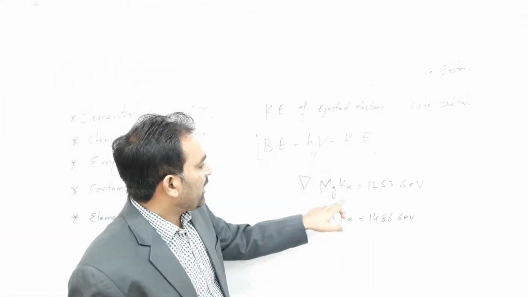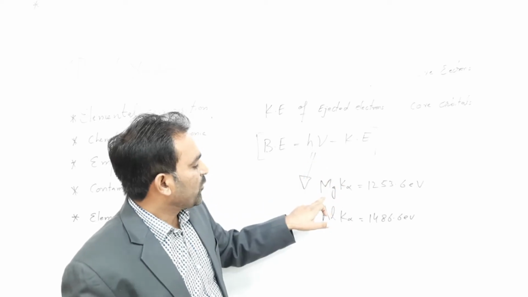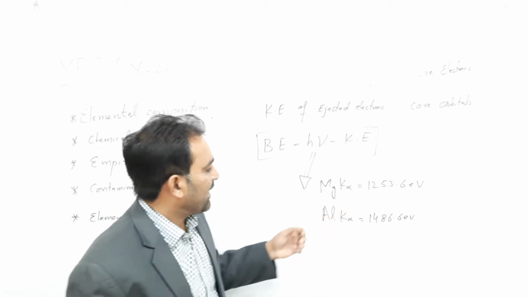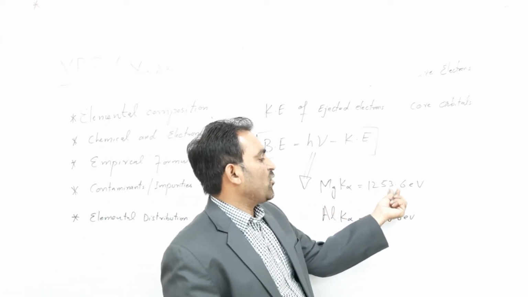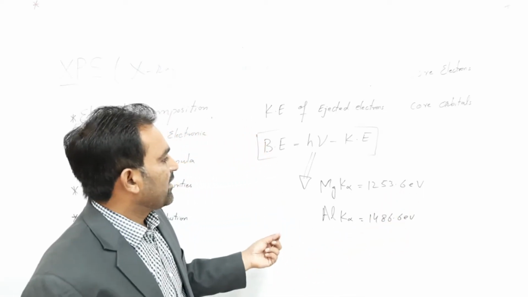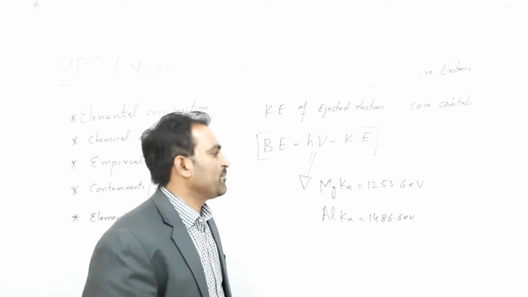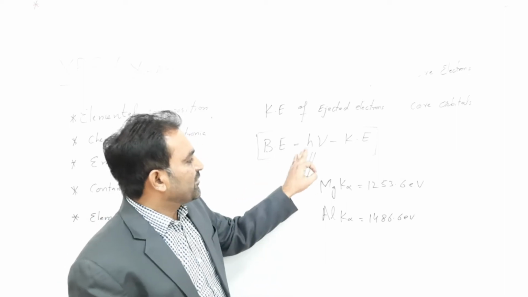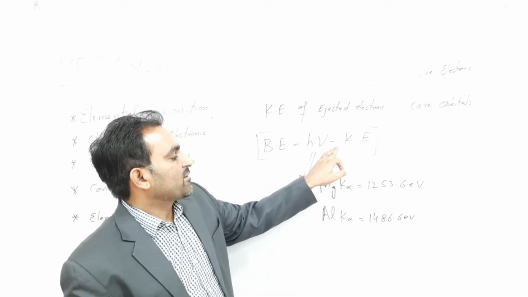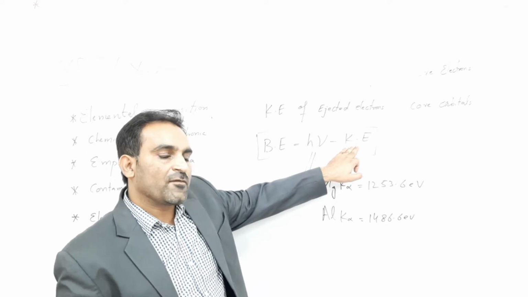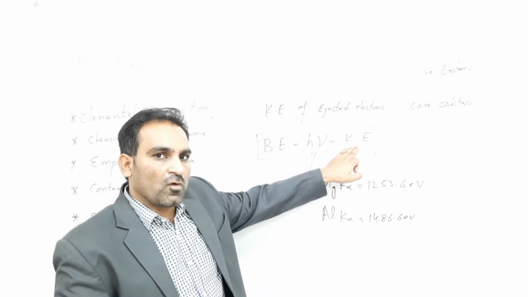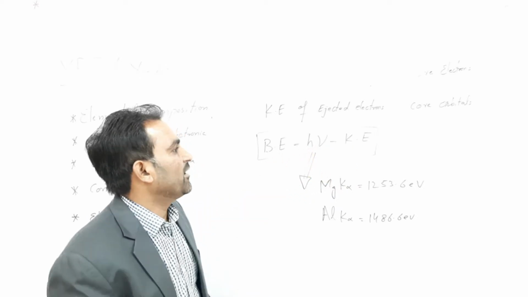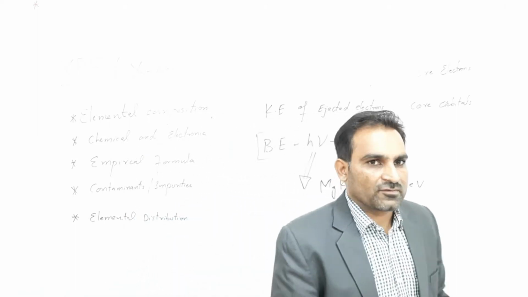Suppose we want to use magnesium K alpha, meaning X-ray having energy 1253.6 electron volt, and then for our particular sample we have different kinetic energies. Then we will apply this equation by subtracting the kinetic energy of your emitted electron from the core orbitals from this energy, and we will be able to find the binding energy of electrons.